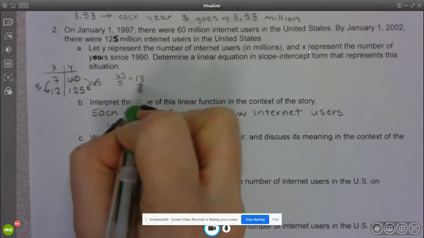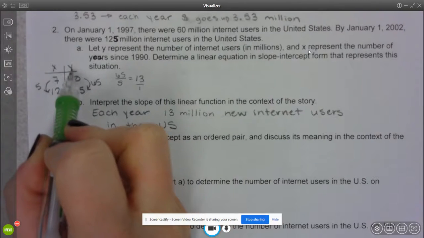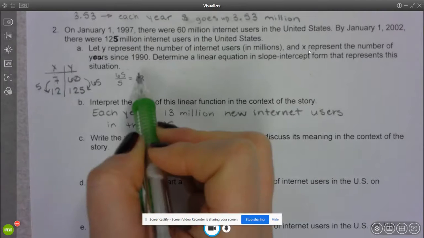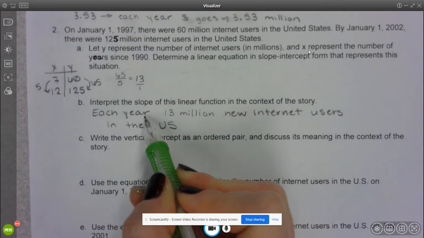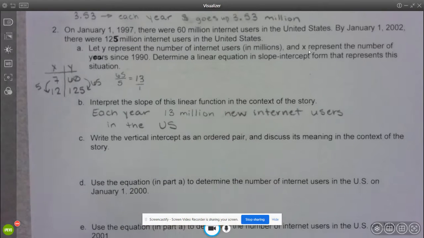So technically this is 13 over 1. And remember, it's always y over x. So this is internet users over years. That's why I knew it was each year and 13 million.